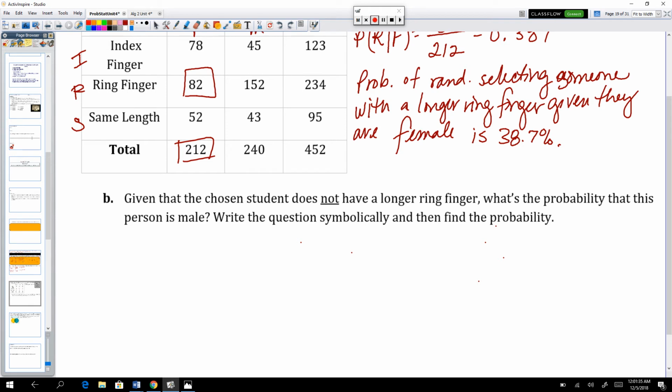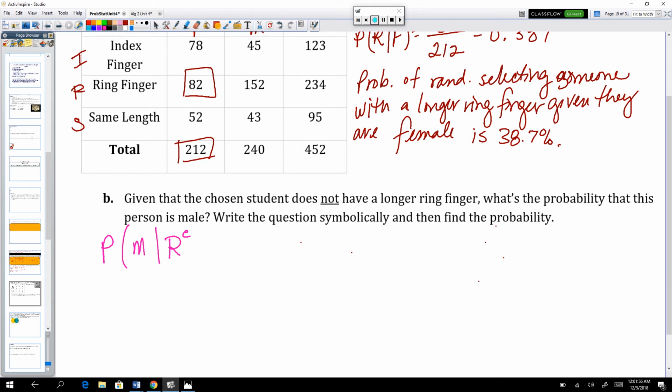Hopefully you've had a minute to attempt that symbolically. What you should have come up with was the probability of getting a male given that that person does not have a longer ring finger.